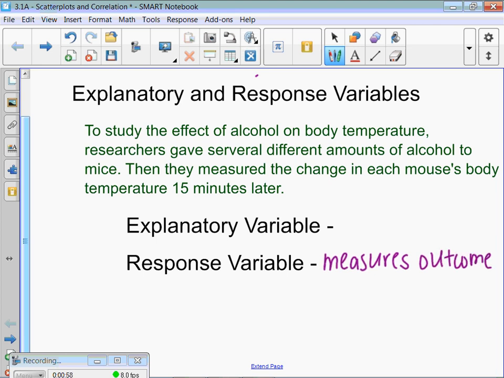All right, so the response variable measures the outcome. And the explanatory variable may help predict the response variable.